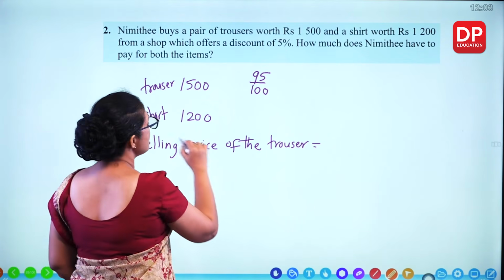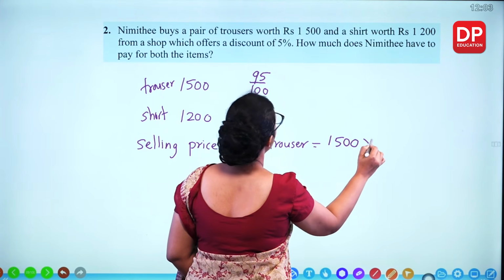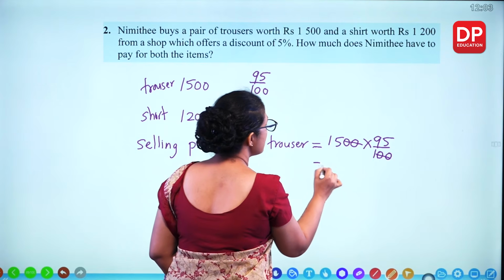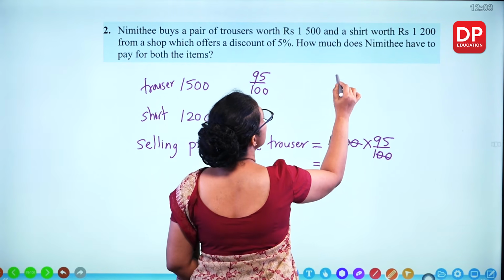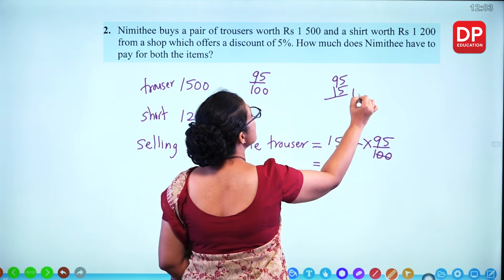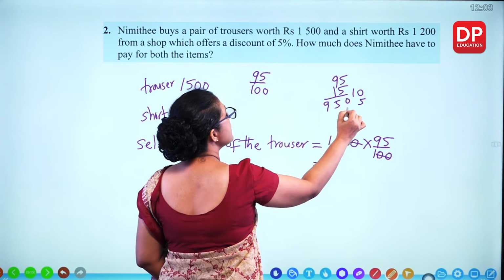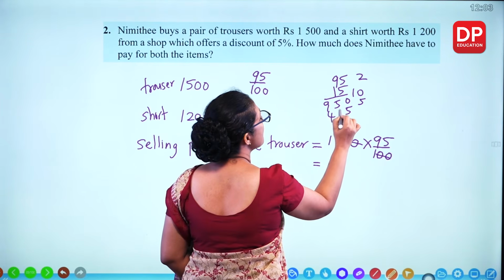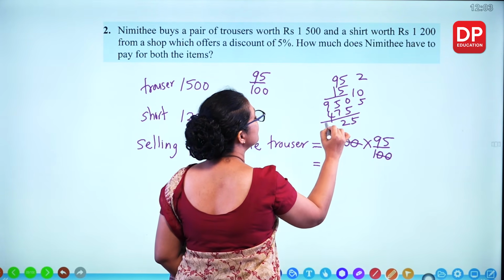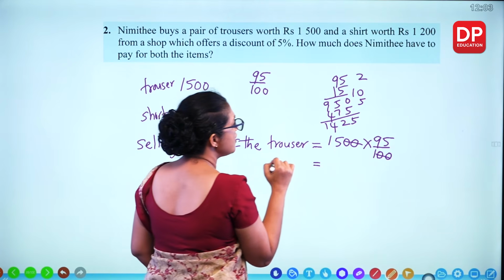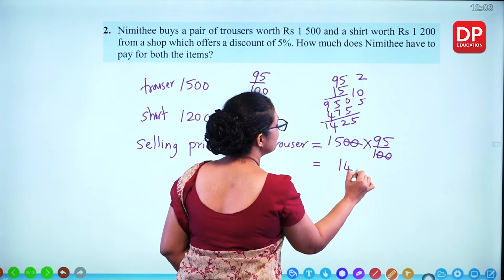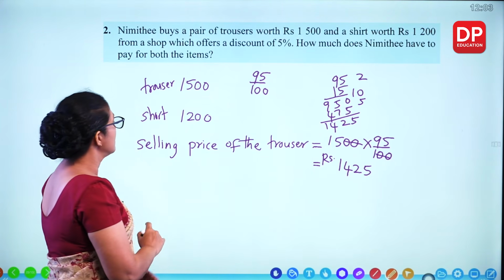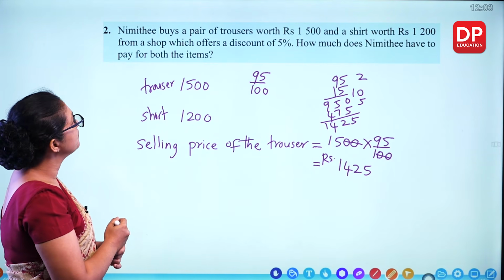So the trouser is 1,500 multiplied by 95 over 100. 2 zeros, and this is 15 times 95. 5 times 5, 25. 5 times 9, 45. Plus 2, 47. 1,425. That's selling price of the trouser.